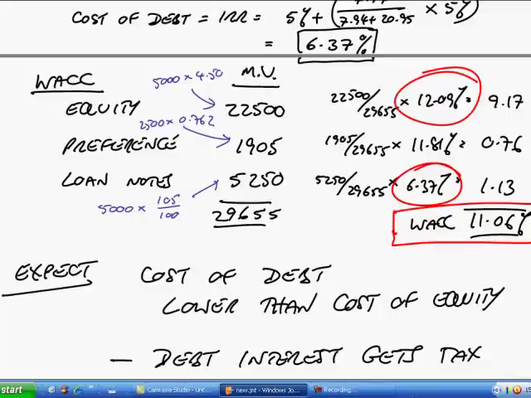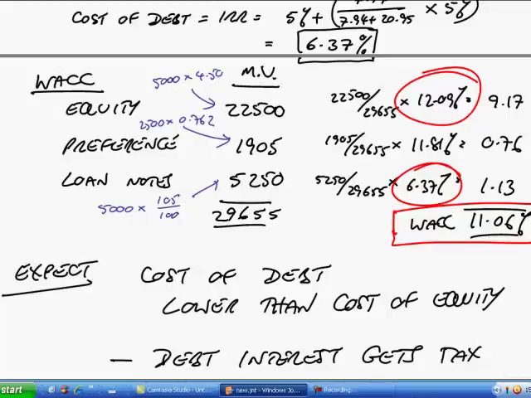What I'm getting at, even if this company was all equity financed, forget debt, and you were to raise more equity, well, if it's 12% now, raise more equity, 12% extra, yeah? But the other problem is that the reason investors want 12% is because of the riskiness. We've said that enough times.